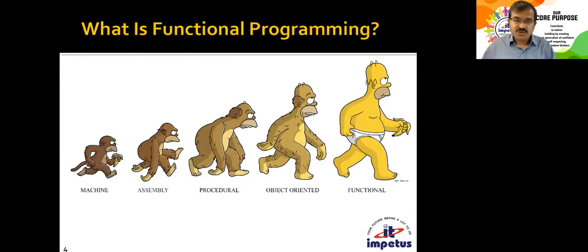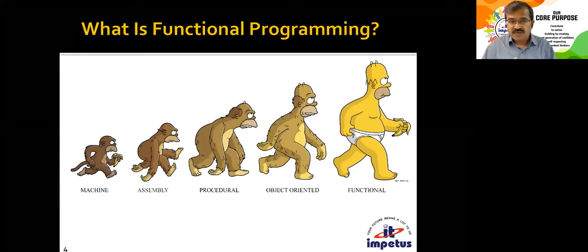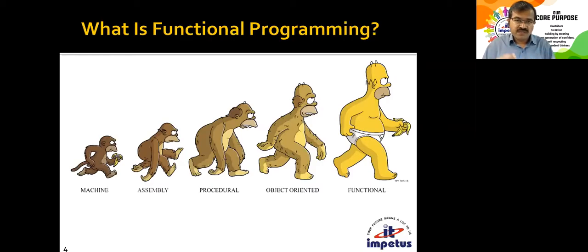Gone are the days. These were the early 50s and early 60s. By the late 60s, the trend was to move from the binary format to assembly, where we came with mnemonics like move, push, pop, add. Those made it very easy for you to write code and express your logic. That was one major shift that we saw.